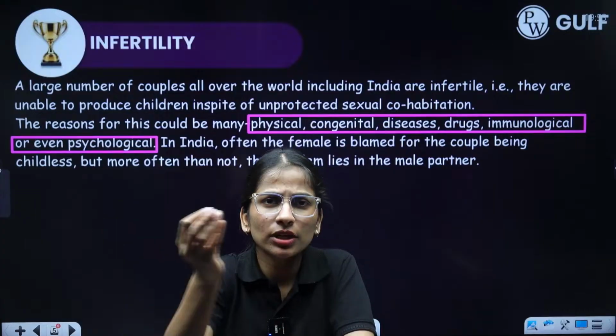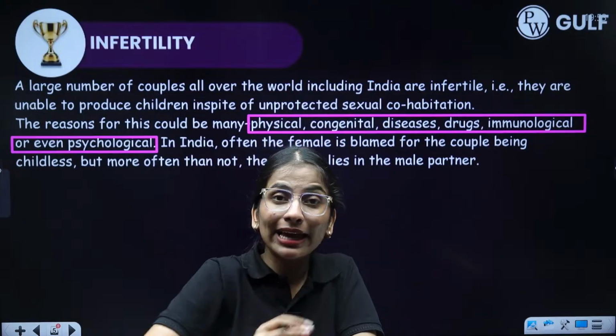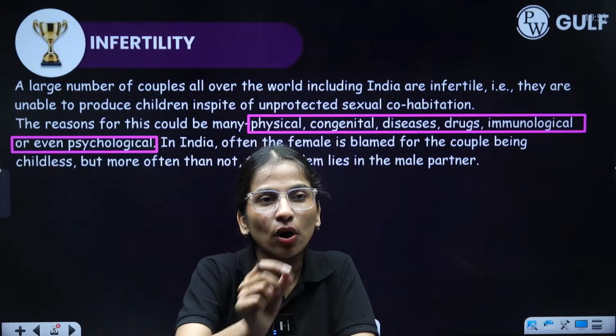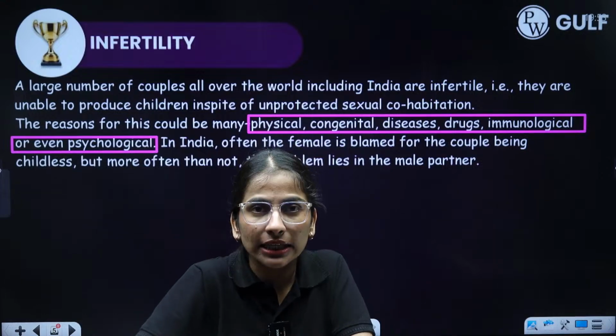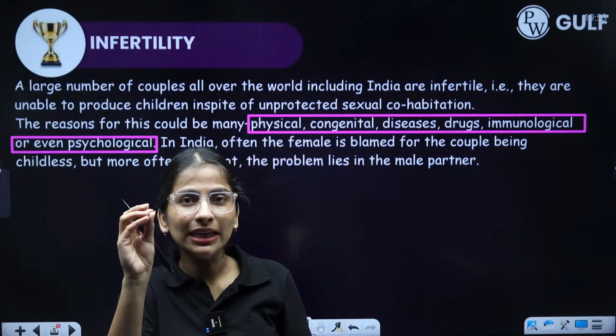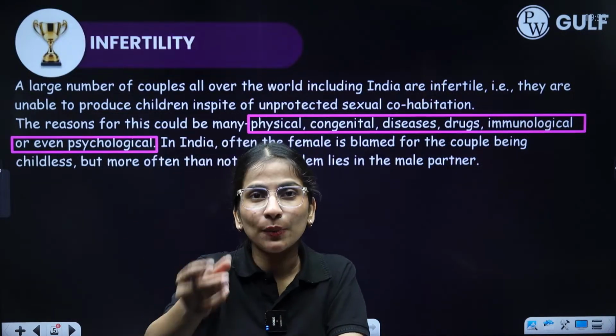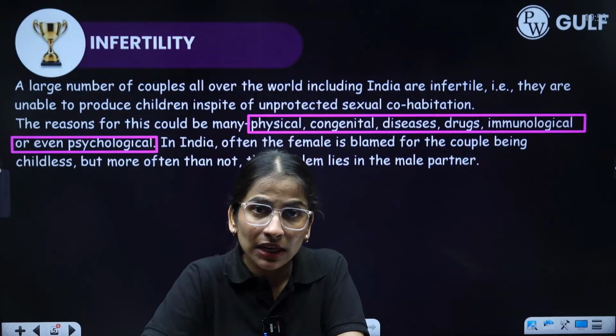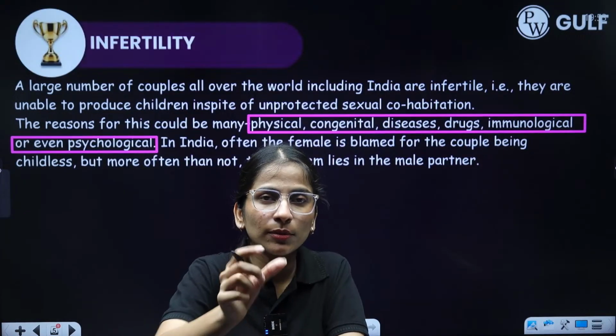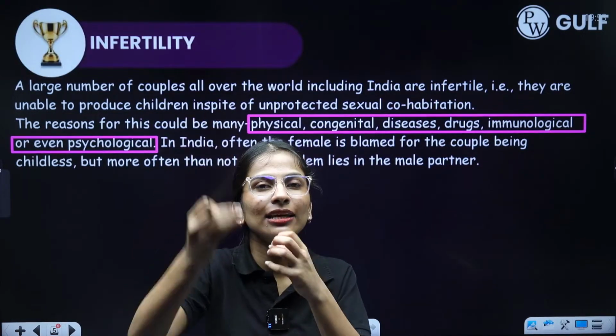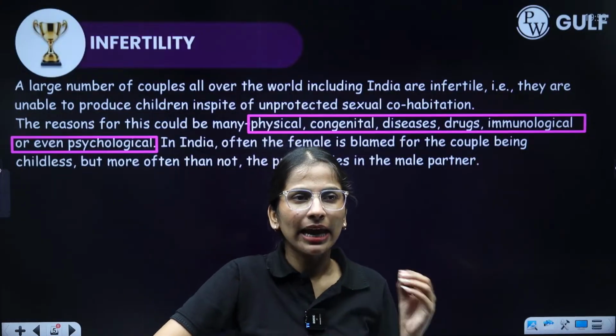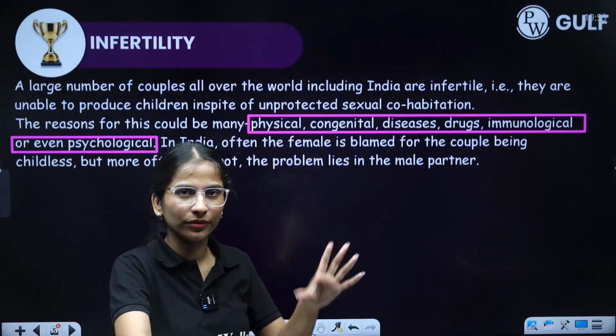Out of those millions, usually just a few hundred sperms reach the site of fertilization, which is the oocyte. All the rest are basically phagocytosed or killed by the immune system of the female. Sometimes the immune system of the female can be so high that it is killing almost all the sperms, right? Hence no sperms are surviving, hence infertility.